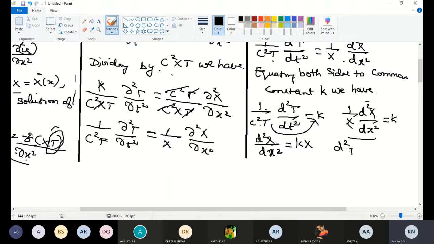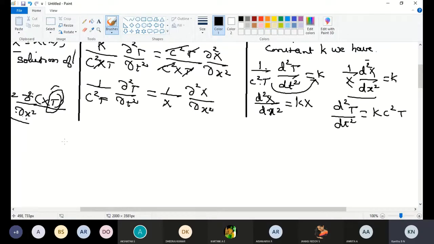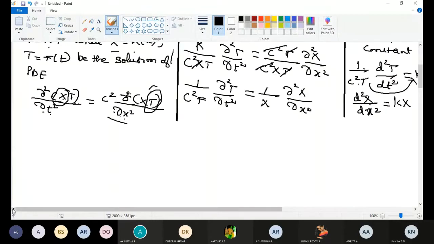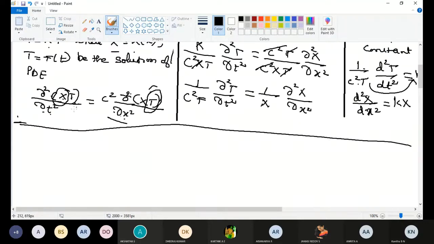Okay, d square T by dt square is equal to kc square T. Okay. Then next, d square capital X by dx square is equal to kX.